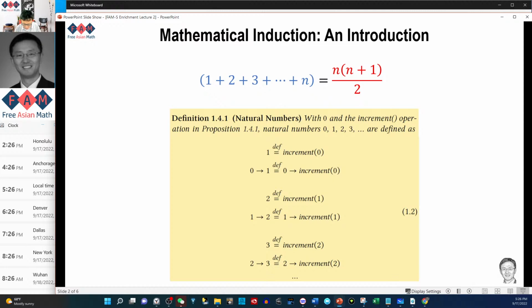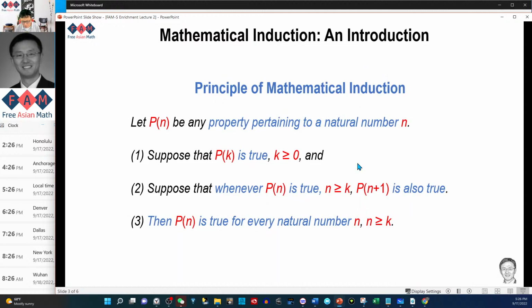But let's review what we have for this principle. This is a very formal introduction of the principle of mathematical induction, and we will explain this is actually one of the missing axioms in our set of axioms to define the natural numbers.